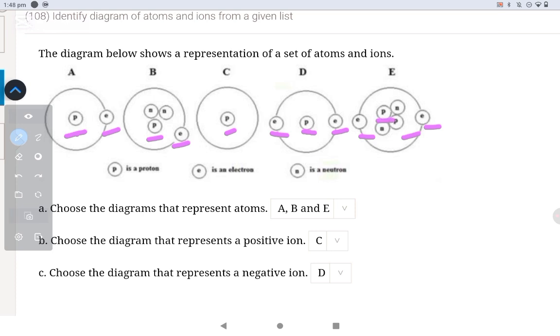So the only balanced ones are A, B, E. Choose a diagram that represents a positive ion. A positive ion has a positive charge, and in C we have a proton only, so that's a positive charge, a cation, or a positive ion. And D has 1 proton but 2 electrons, so it has a negative charge, an anion.